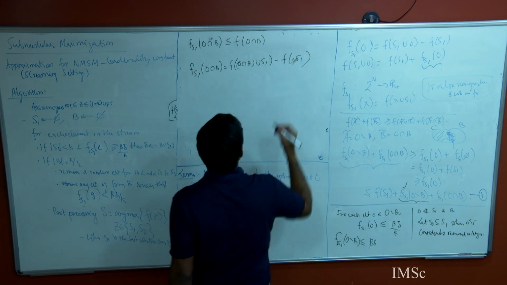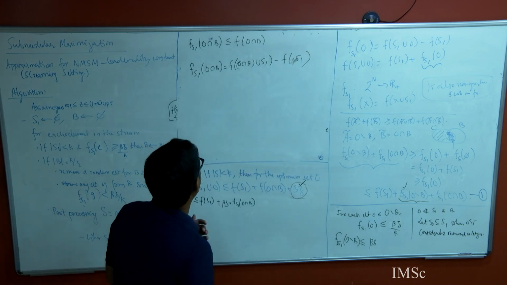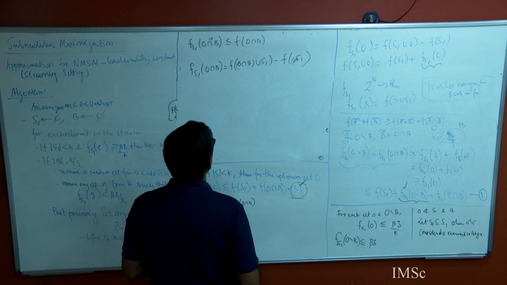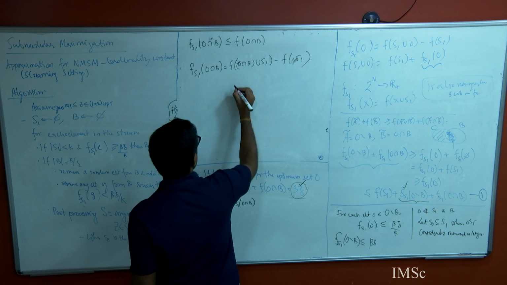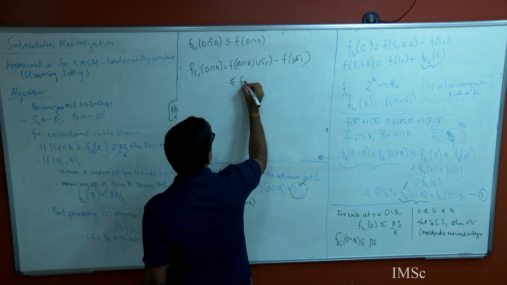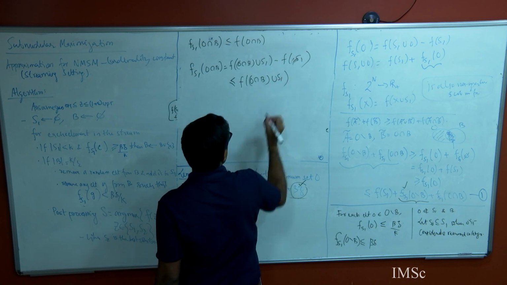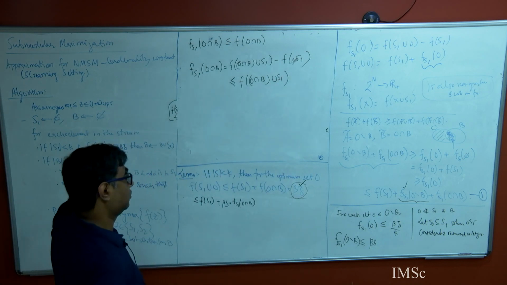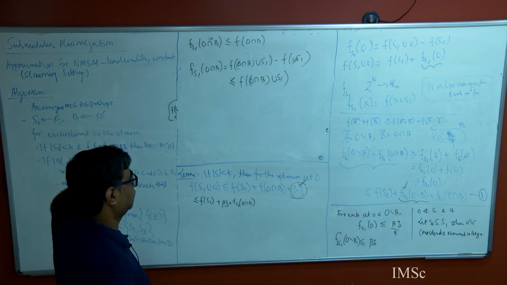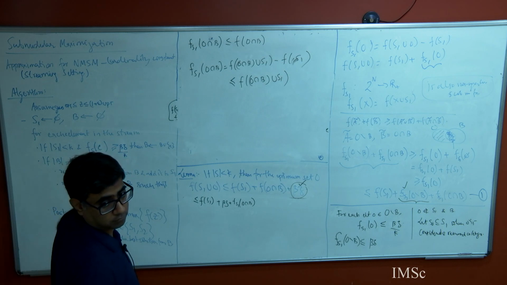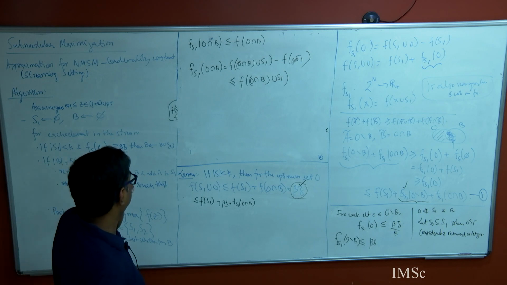Okay, fine. Yes? This is upper bounded by F of O intersection B union S1. Okay, sure. Yeah, this is fine.